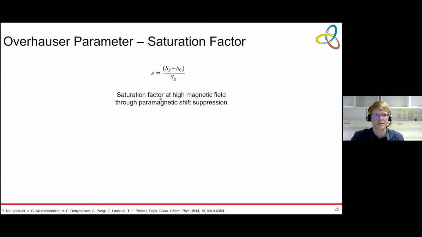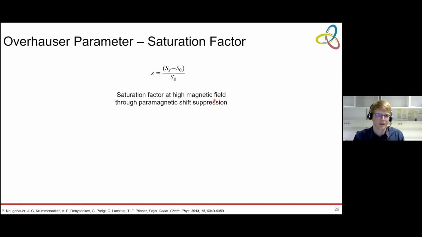So what we can do, or what the Prisner group actually did, was they measured the saturation factor at 9 Tesla through the paramagnetic shift suppression. So how this works is if you introduce a paramagnetic substance into a liquid, you will change the chemical shift of the nuclei which are in this solution. And if you now apply resonant microwaves on resonance with the paramagnetic substance, you will partially recover this shift because you sort of quench the paramagnetic substance.